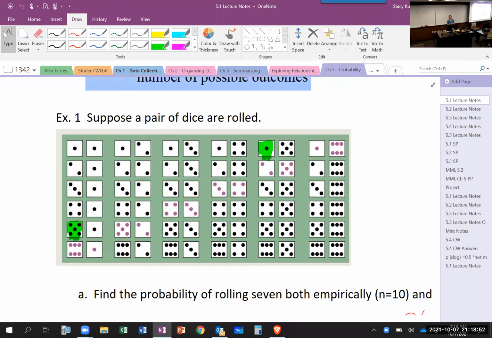It would be easier if we just wrote it as a fraction, by the way. So I'm looking for the probability that I roll a 2.